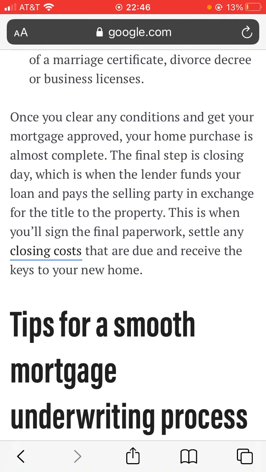Because when you sign, the most important thing I think you should pay attention to is your name, or the names of the individuals that are on the mortgage. When you sign, the notary sees you sign, and it has to match your ID. The documents and your IDs have to both match, and then your signature has to match.